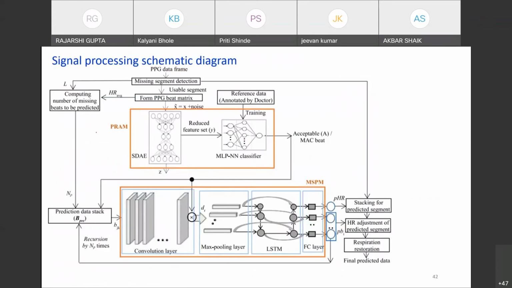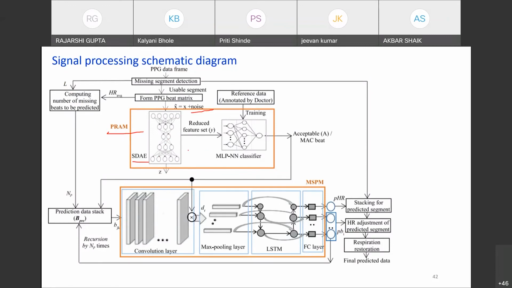This is the signal processing flow diagram. In the first part, we developed a PPG reliability assessment model using a stacked denoising autoencoder. The objective of the denoising autoencoder is that at every stage we mix some noise with the data and then feed it again.